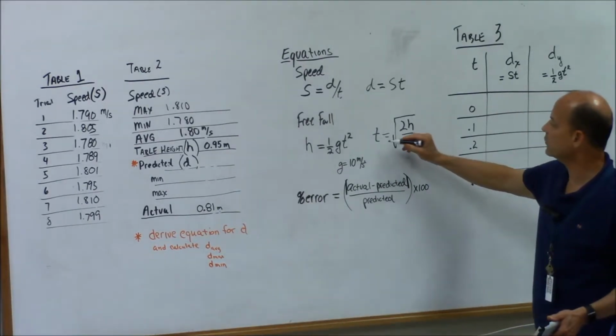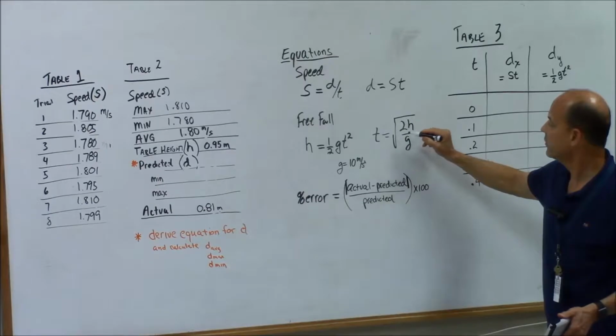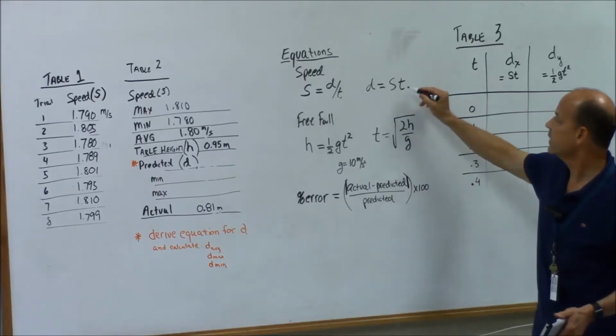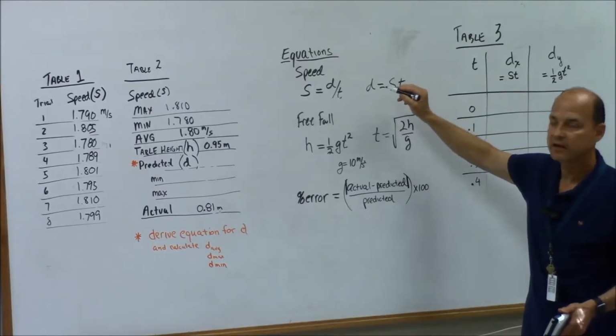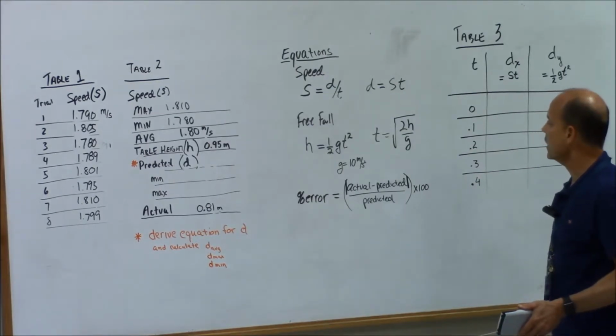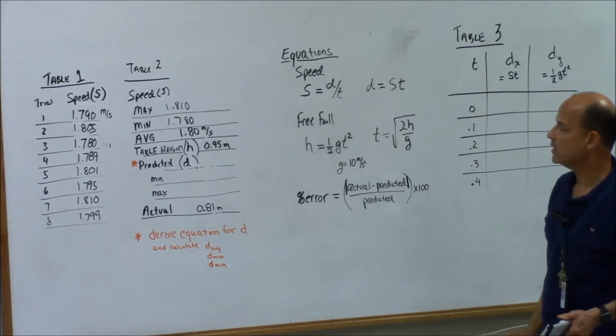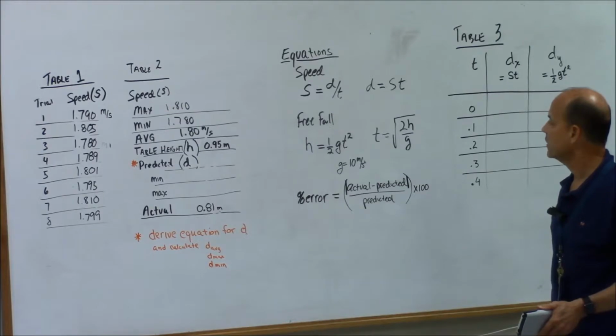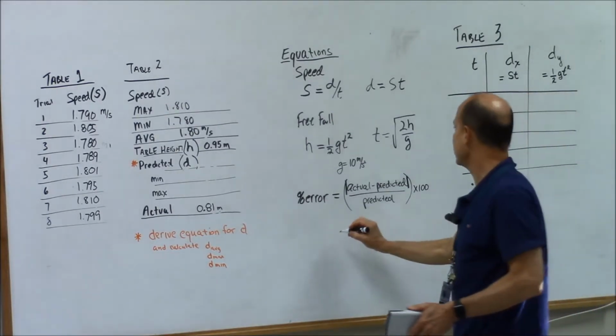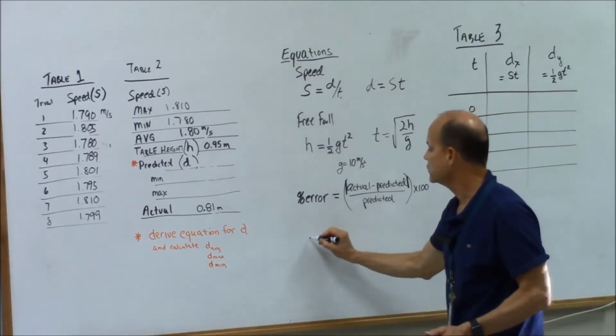So really all we're doing is plugging this equation for T into here so that we can get D, all right? So let's see, where can I work this out? If you'll allow me to work it out down here.